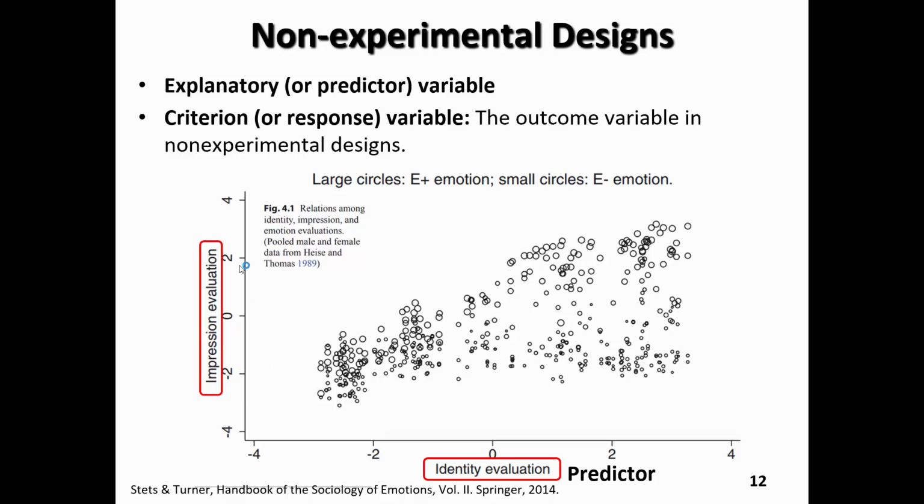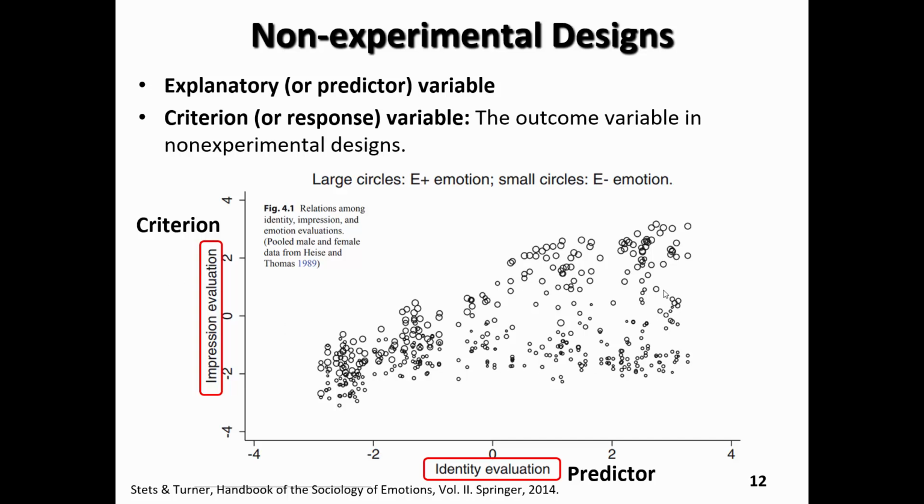And the y-axis will present the criterion variable, because what we're observing in this particular study is the power of the predictor variable in influencing or simply predicting the outcome of the criterion variable. In an experimental study, the y-axis would convey the dependent variable.